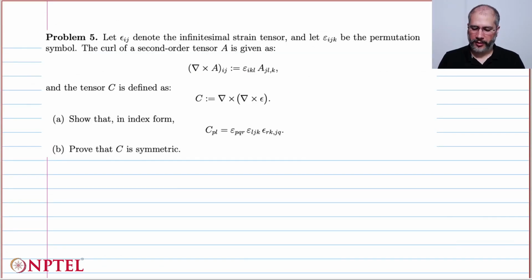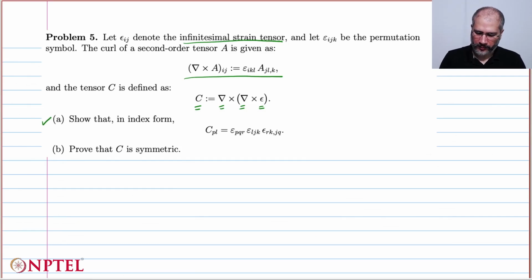Now this is problem 5, and what's given is that the curl of a tensor A is defined as this, and a tensor C is defined as the curl of the curl of epsilon, where epsilon is our infinitesimal strain tensor, or it could be any symmetric tensor.